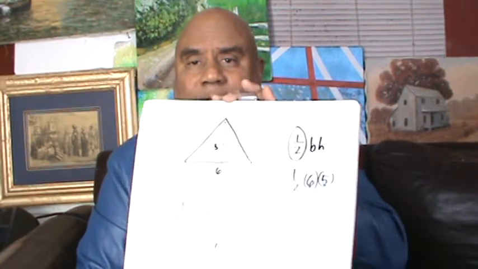So anyway, if 1/2 base times height equals the area of a triangle, what is the following? Let's plug in some numbers. Our base is 6, our height is 5, and so 1/2 of 6 is what? You can pause that and get that answer to me, and then you end up with 3 times 5 equals what? 15.